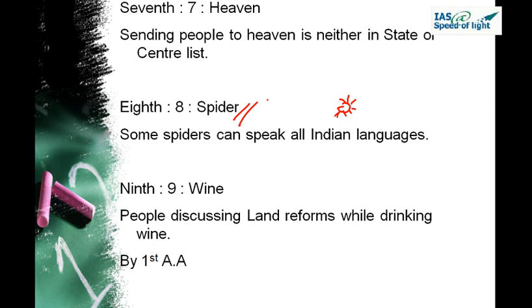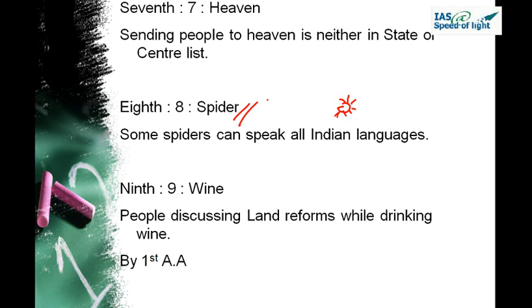Now the ninth schedule, and 9 is wine for us. People discuss land reforms while drinking wine. Normally when people drink, they discuss a lot of things about society. This time when they were drinking, they were discussing the land reforms which have become so eminent in India.